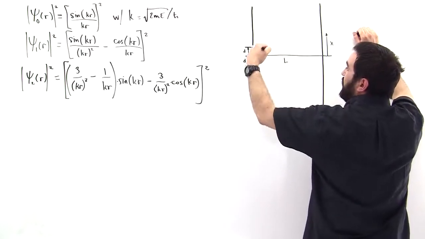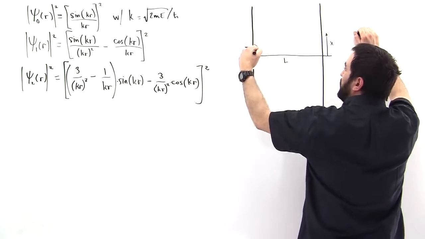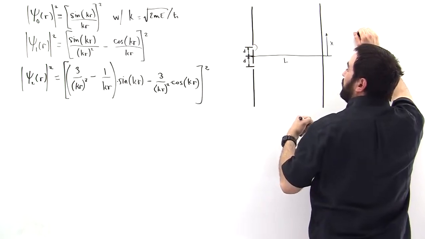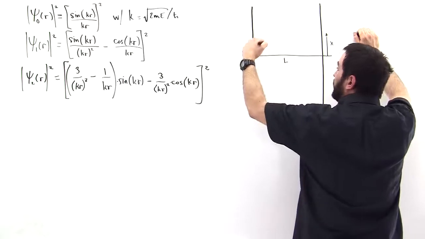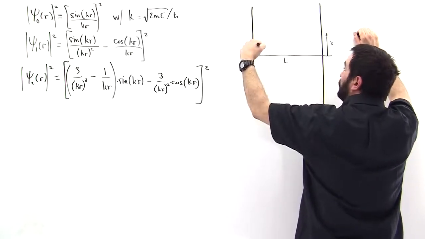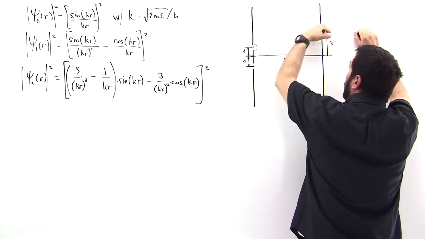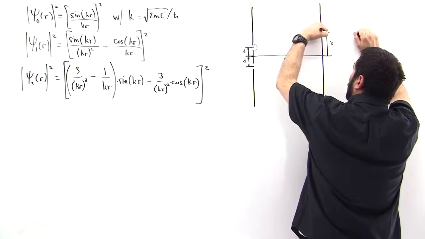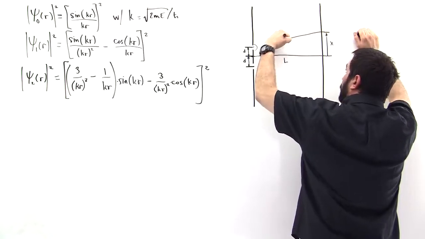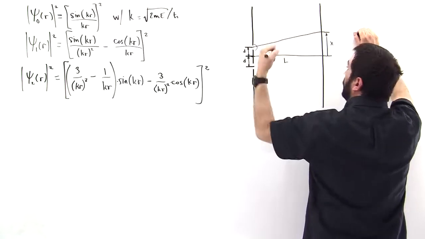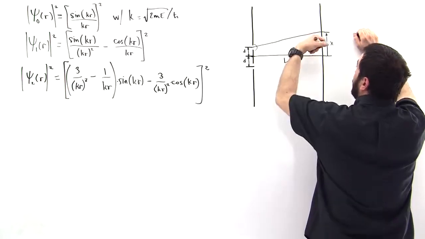Okay, then look. If this wavefront is originated from here, then the triangle corresponding to that will be this triangle here.